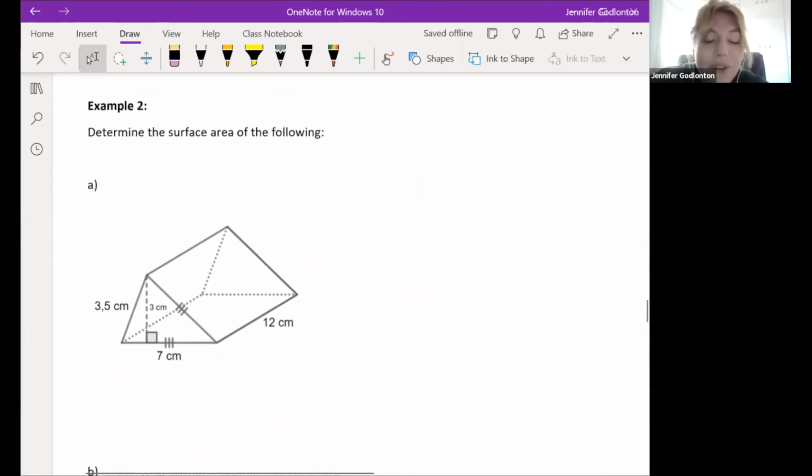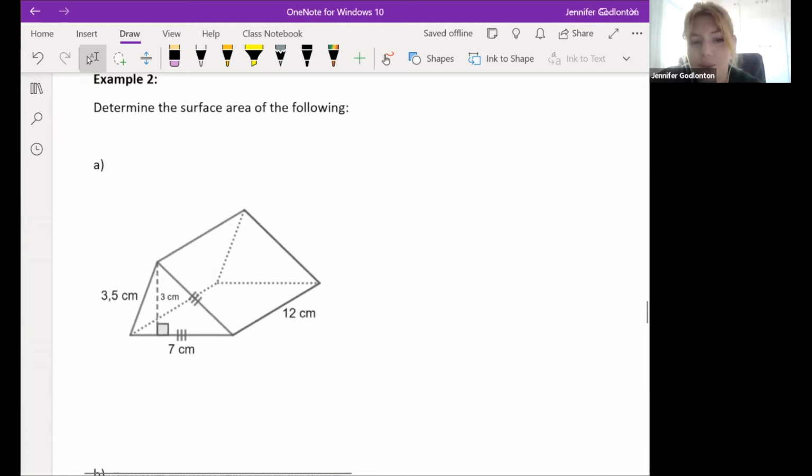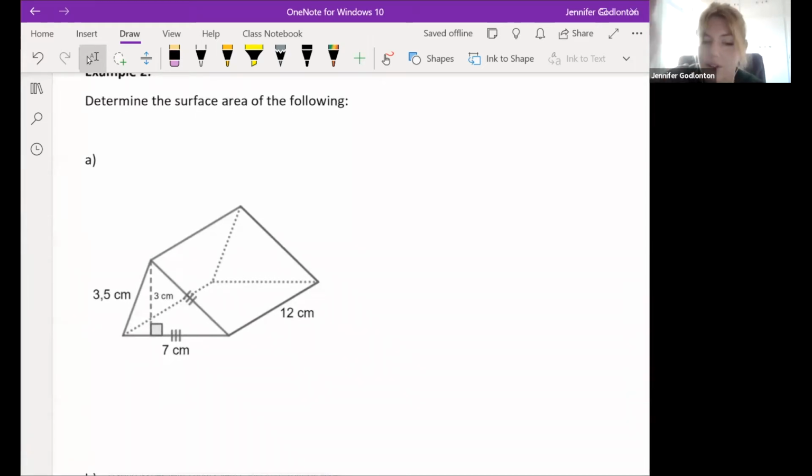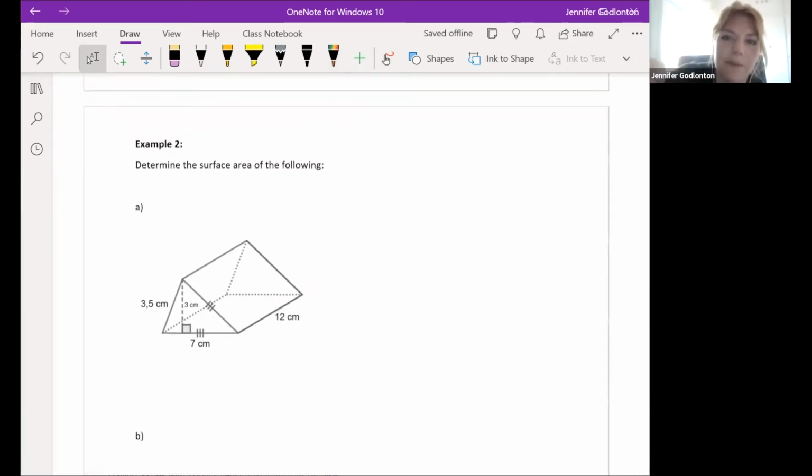Okay, so for this one, this is our first one. I'm going to go through this one step by step with you and just show you how it's all worked out. And then I'm going to give you the next one to try by yourselves. When we're working through our surface area formula, let's just quickly write it out over here.